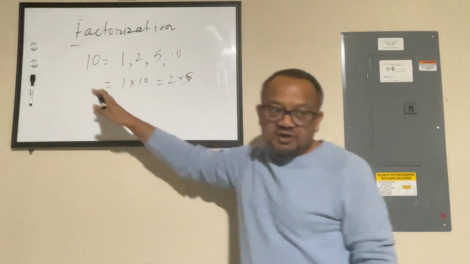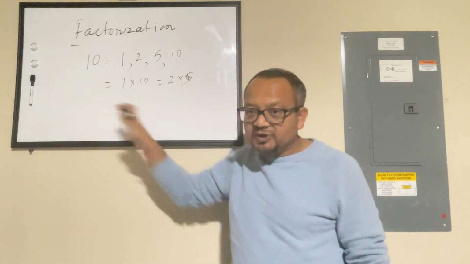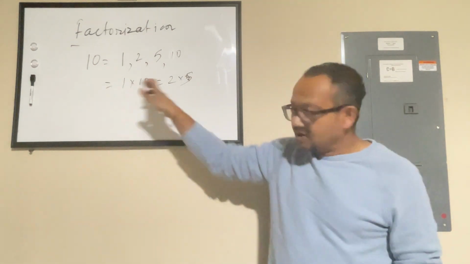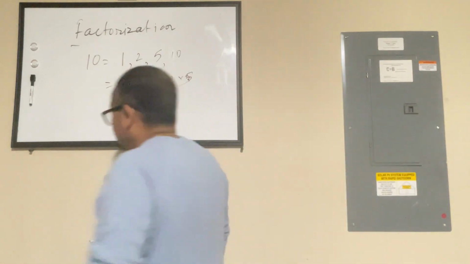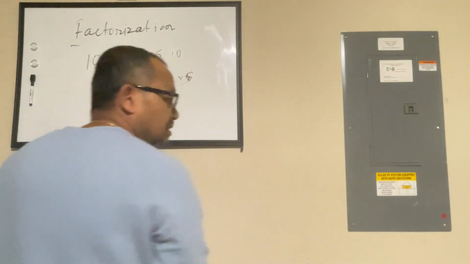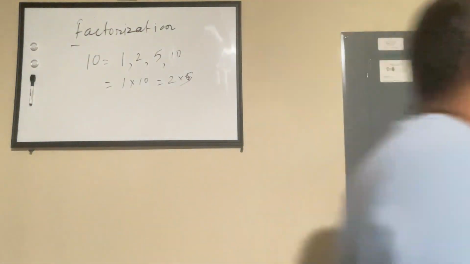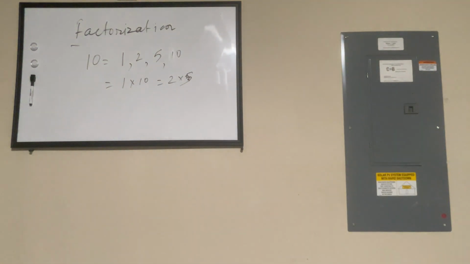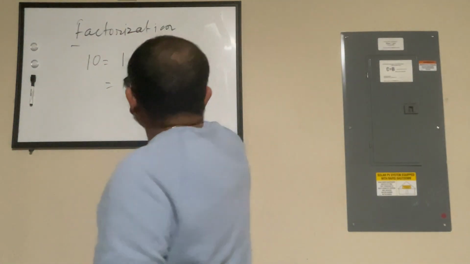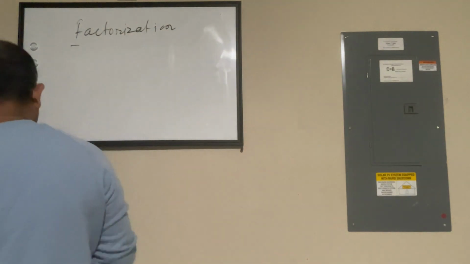Likewise, if you get any number, depending on how many numbers it can be divided by, you do factorization. Similarly, we learned that you can do factorization with algebraic expressions also.